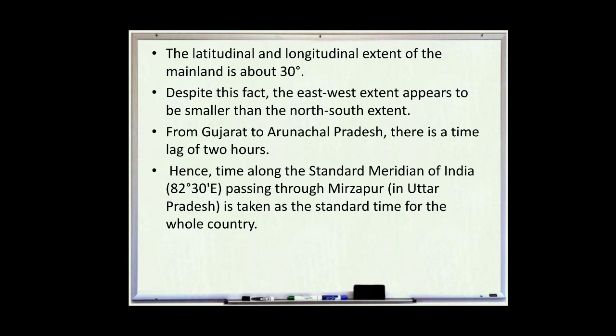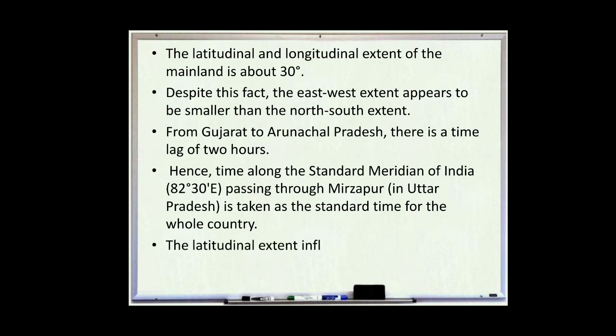Arunachal Pradesh time does not match with the time of Gujarat. To avoid all this confusion, a standard meridian is selected which passes through the middle of the country, Mirzapur, UP, and 82 degrees 30 minutes is selected as the observation of time for the entire country.